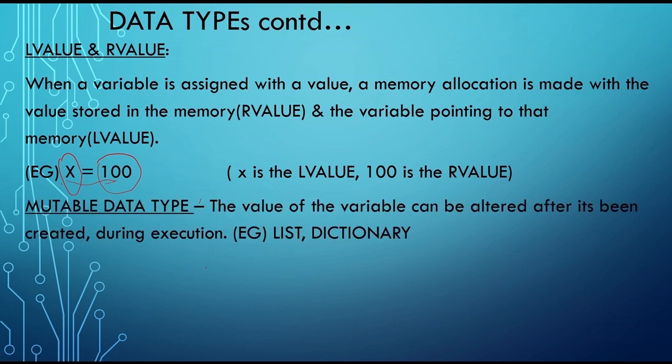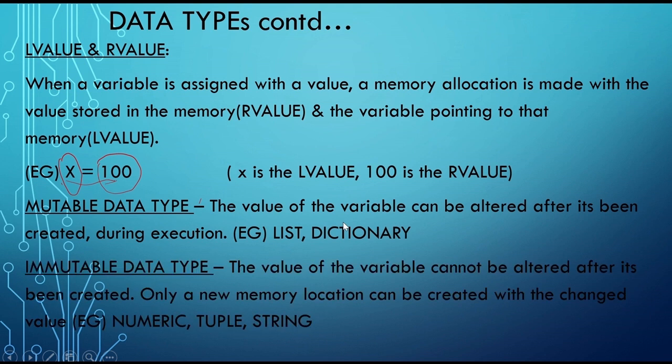We saw the classifications of data types, but broadly we can classify data types as mutable and immutable. Now, what does mutability and immutability refer to? If the value that a variable stores can be altered after it's been created during the program run, then such a data type is called a mutable data type. From the list of data types that were shown, the list and dictionary fall under the mutable data type.